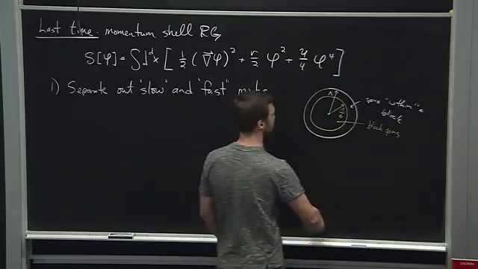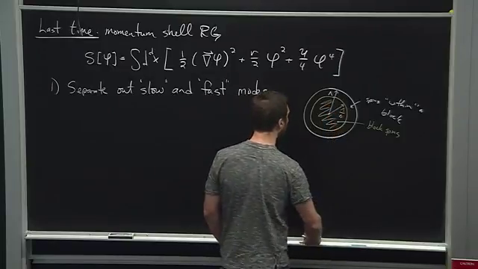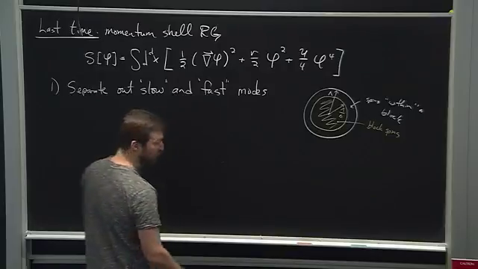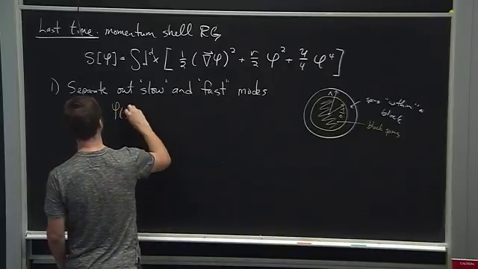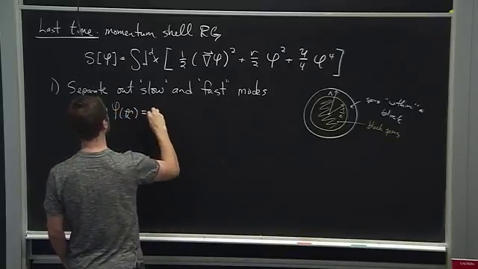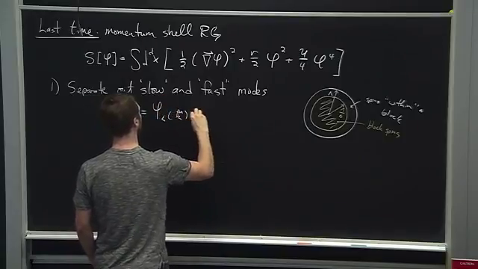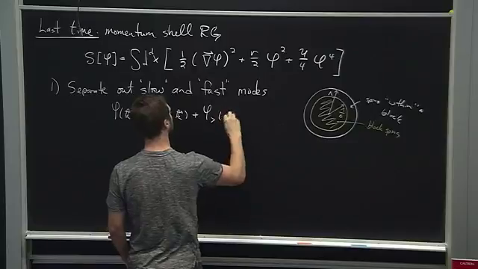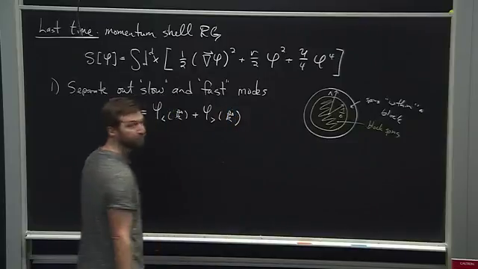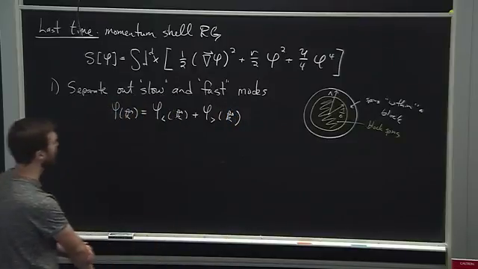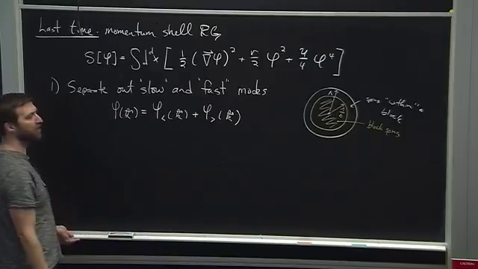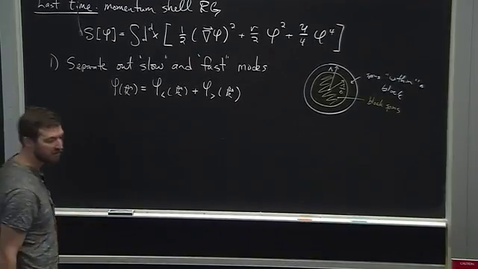Okay, and that's everything inside here. So we've written our fields in k space as just a sum over slow and fast. Okay, so that frames the problem in terms of momentum instead of real space.